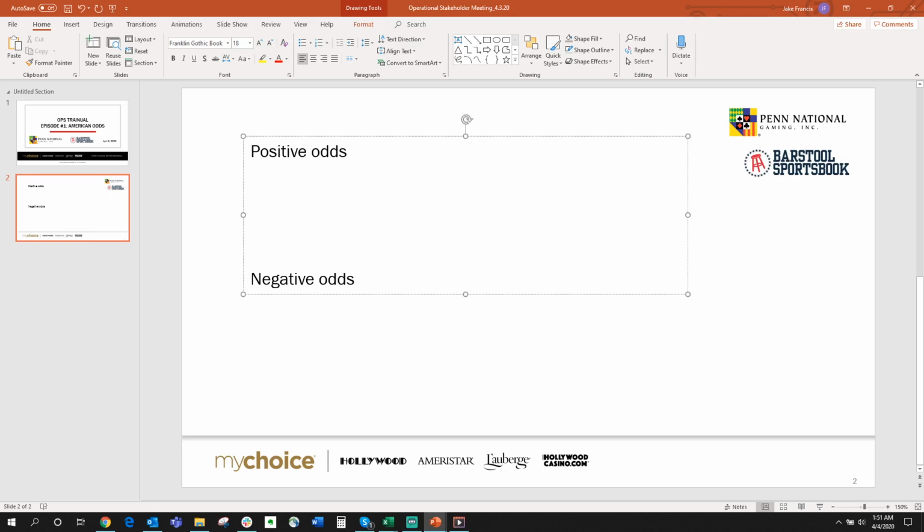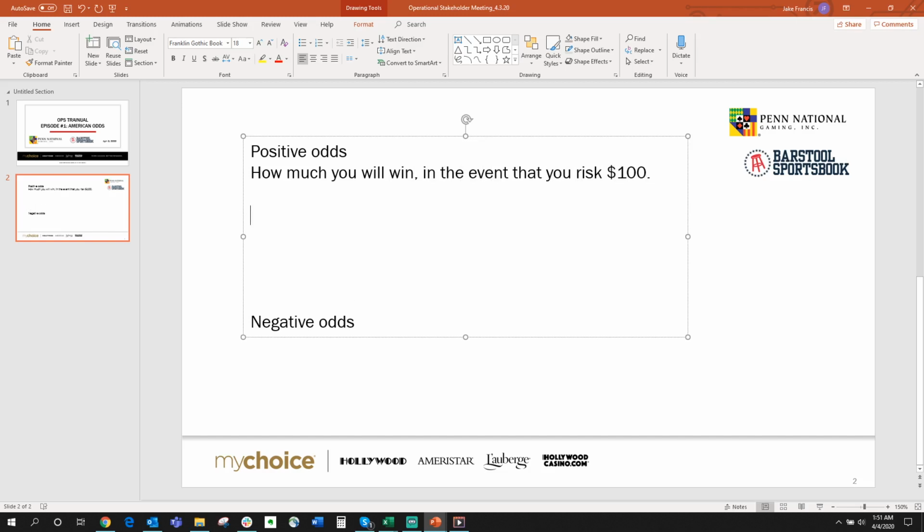So positive is how much you will win in the event that you risk $100. We'll give you an example here. Let's say that the event that you are interested in has odds of plus 190.